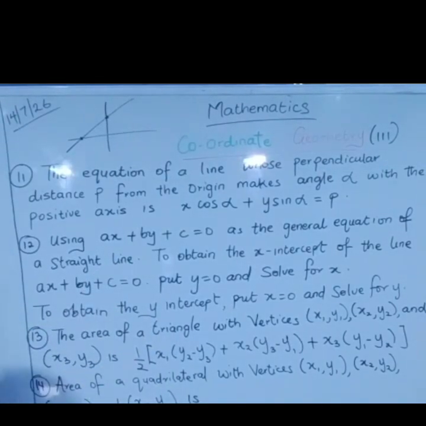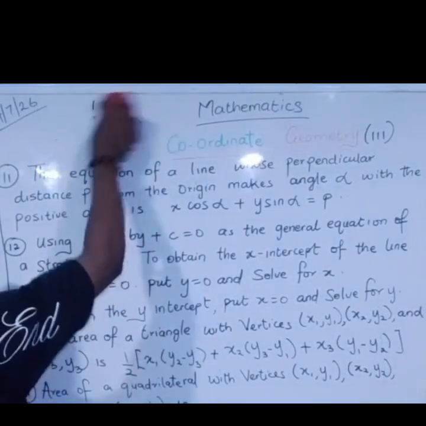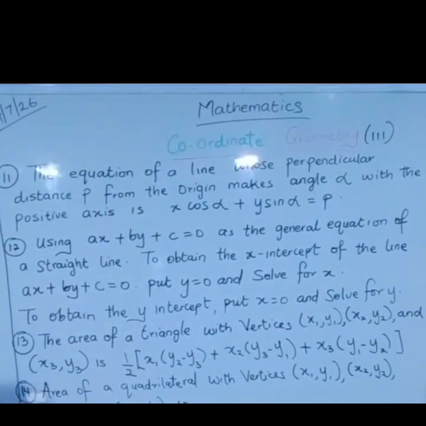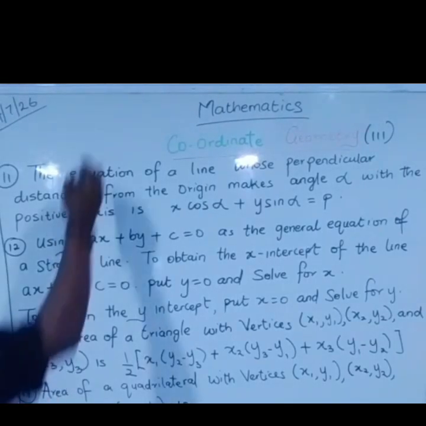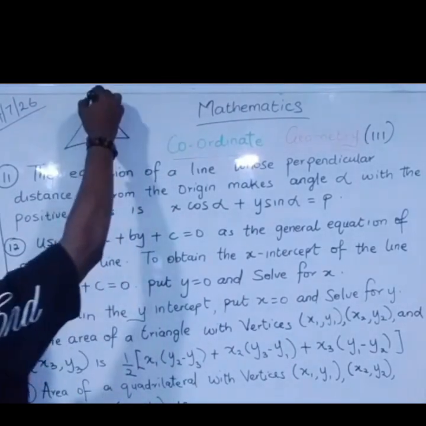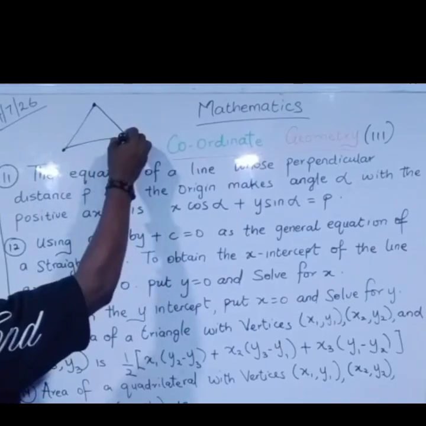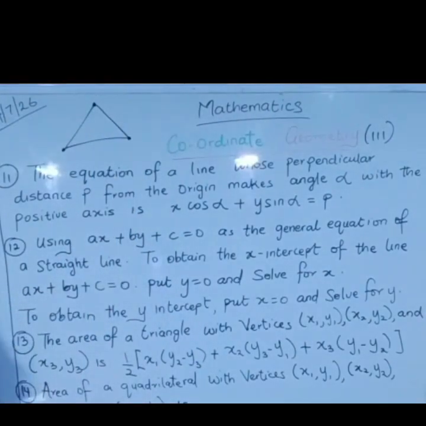Now, the interesting ones are numbers 13 and 14. If you are asked to get the area of a triangle, a triangle looks like this, right? And here they gave you the coordinates of this point, this point, and this point. That is what is known as vertices.